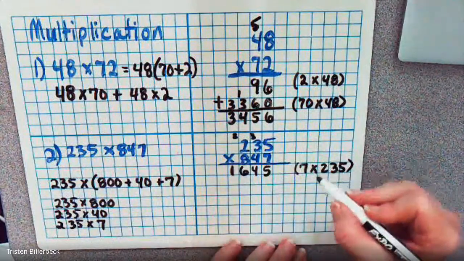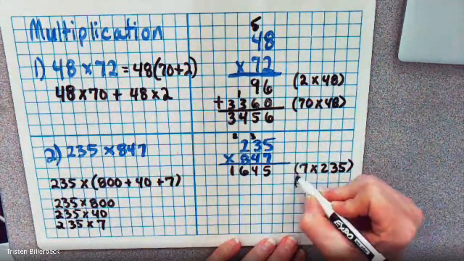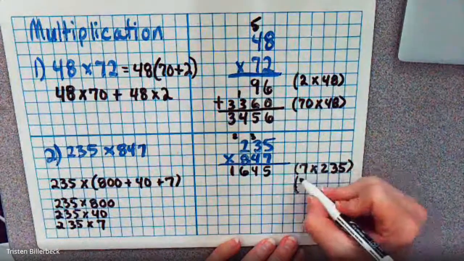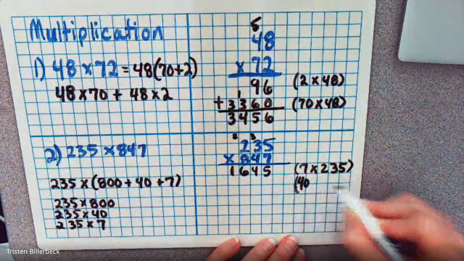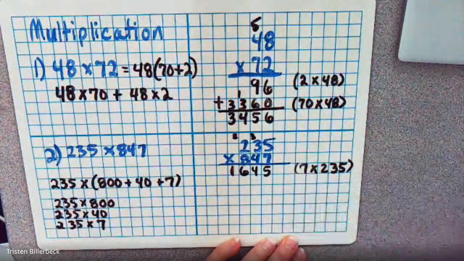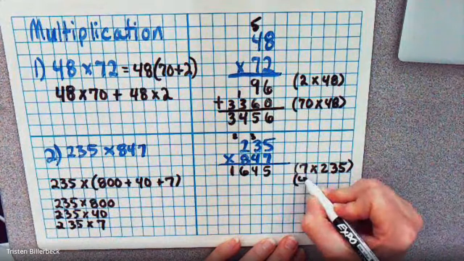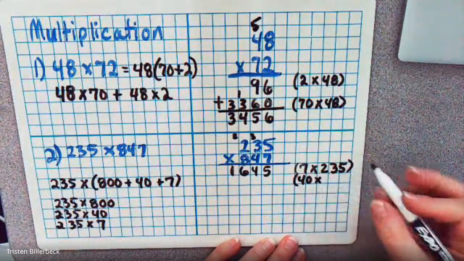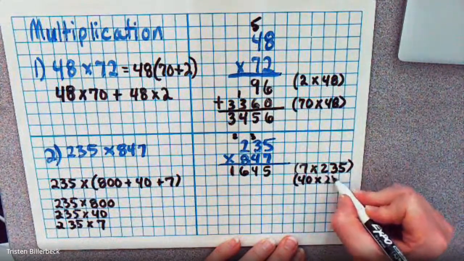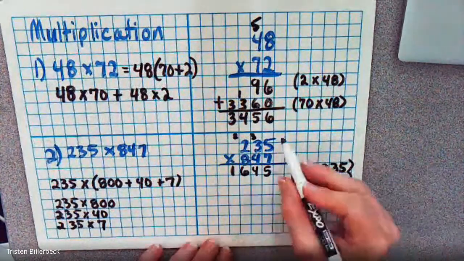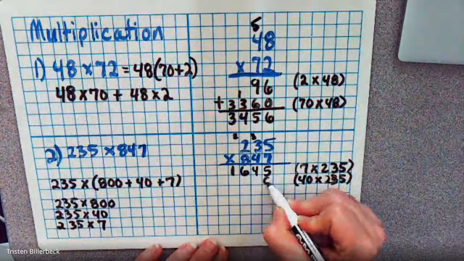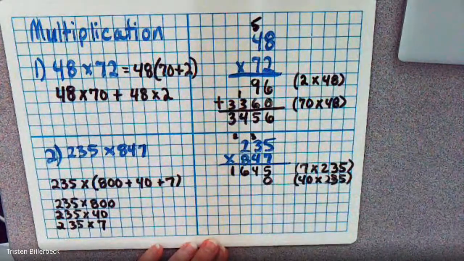Okay, so the next line we're going to multiply by 40 times 235. Actually, let me try to squeeze it on the one line. So 40 times 235. Let's just put a 0 here and keep it easy on ourselves.